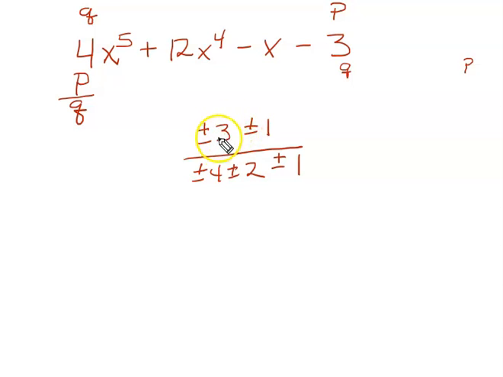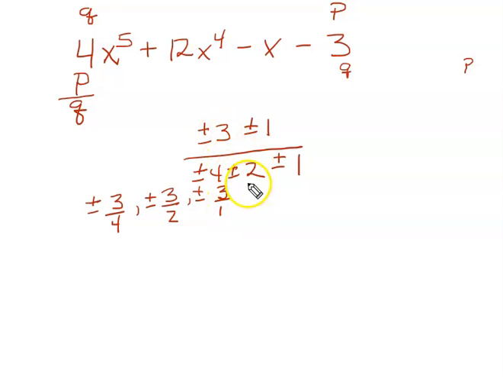Now, what we do then is list all the possible combinations. So we can get plus or minus 3 over 4. Plus or minus 3 over 2. Plus or minus 3 over 1.